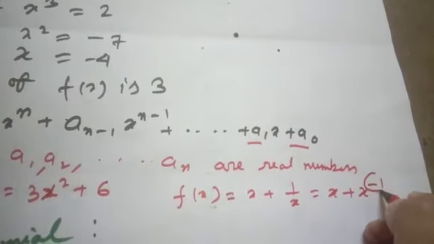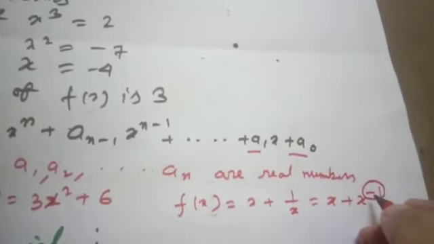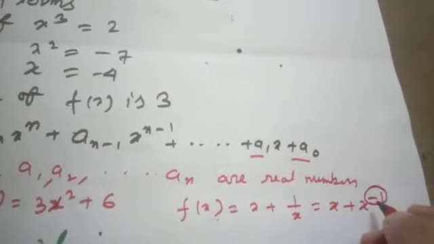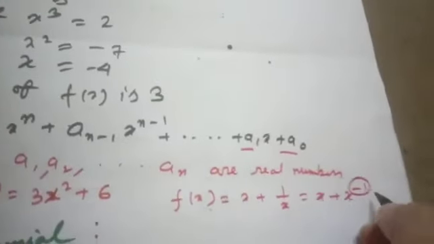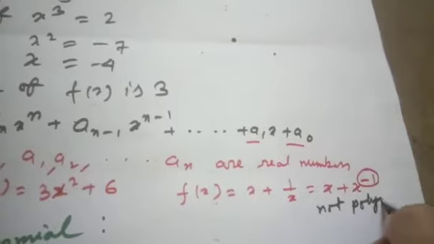Here the exponent of x is negative. So n is negative. Since n is negative, it is not a polynomial. n should be a non-negative integer. So it is not a polynomial.